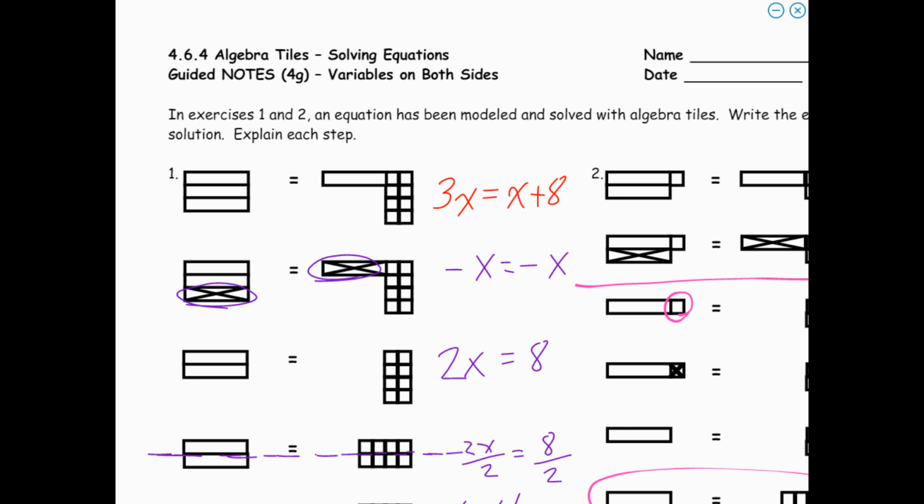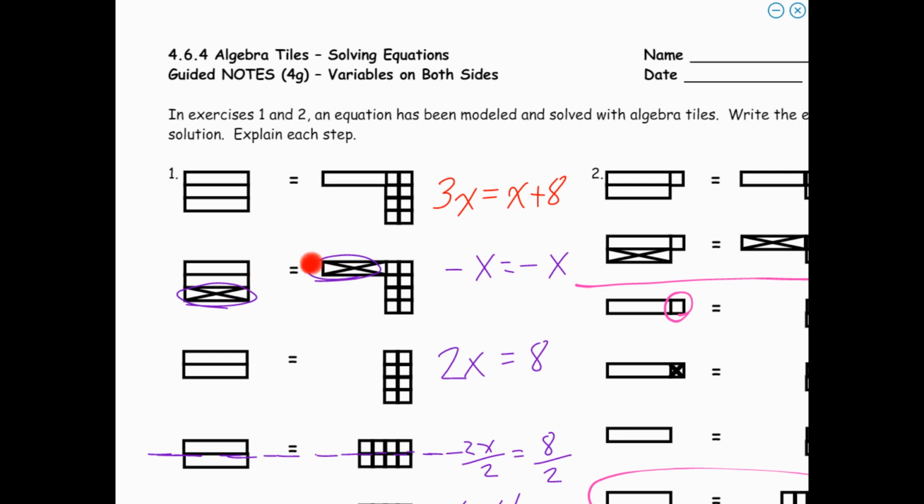So which one canceled all the way out when you canceled? The one with the less, right? It cancels all the way out. Look, right here, you only had 1x over here, and you had 3 over here. So when you cancel them out on both sides, because you're keeping your scale equal, which side are you going to have stuff left on?